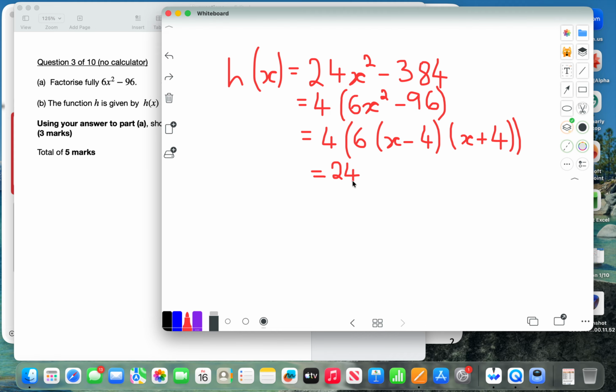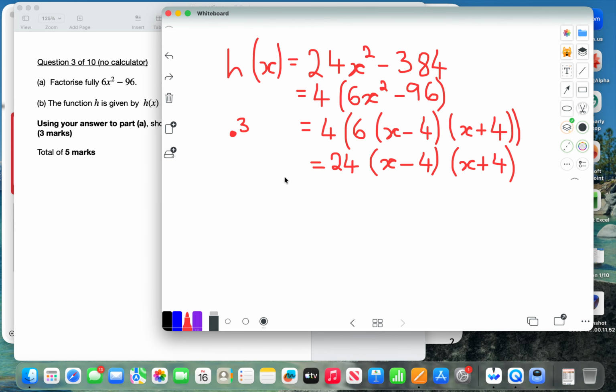And we've then satisfied the requirement of the question to use the answer to part A, because we substituted it in this part. I would give mark 3 at this point. That's my judgment.